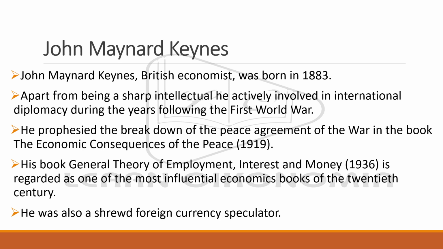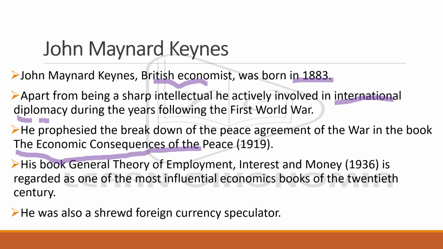He is a British economist, born in 1883, and apart from being a sharp intellectual, he played a very important role in international diplomacy in the years following the First World War. He dealt with the peace agreement of the war in the book The Economic Consequences of Peace, published in 1919.